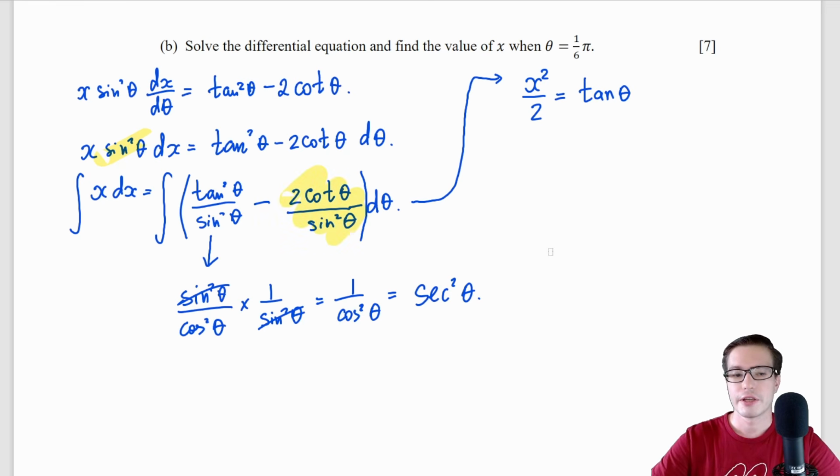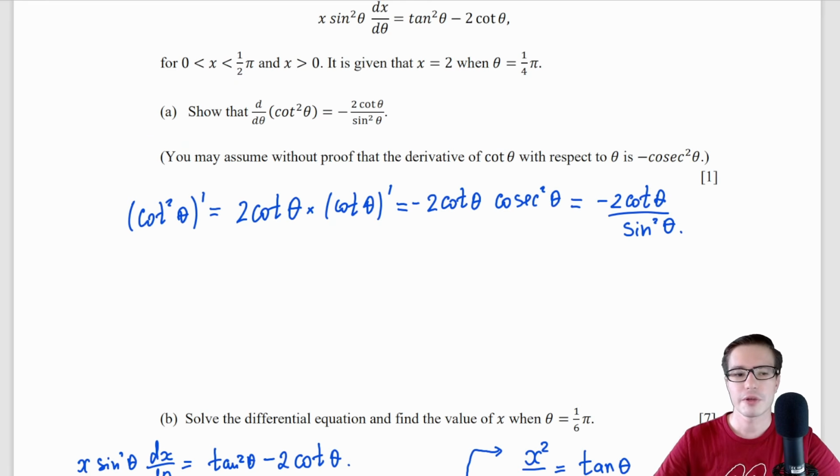And now this guy looks suspiciously familiar. Now in this question we've shown the derivative of cotangent squared will be minus 2 cotangent theta over sine squared theta.